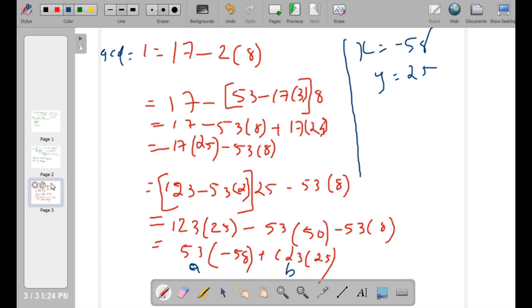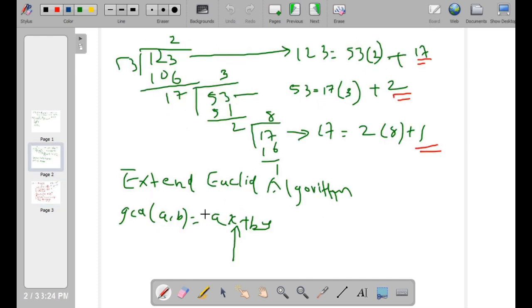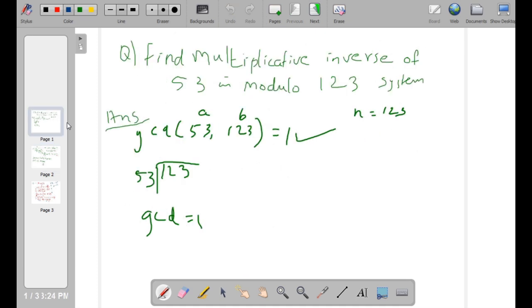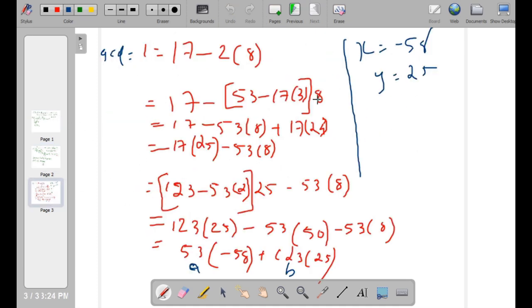We have said X is the multiplicative inverse of A, that is our A is 53. So minus 58 is the multiplicative inverse of 53.